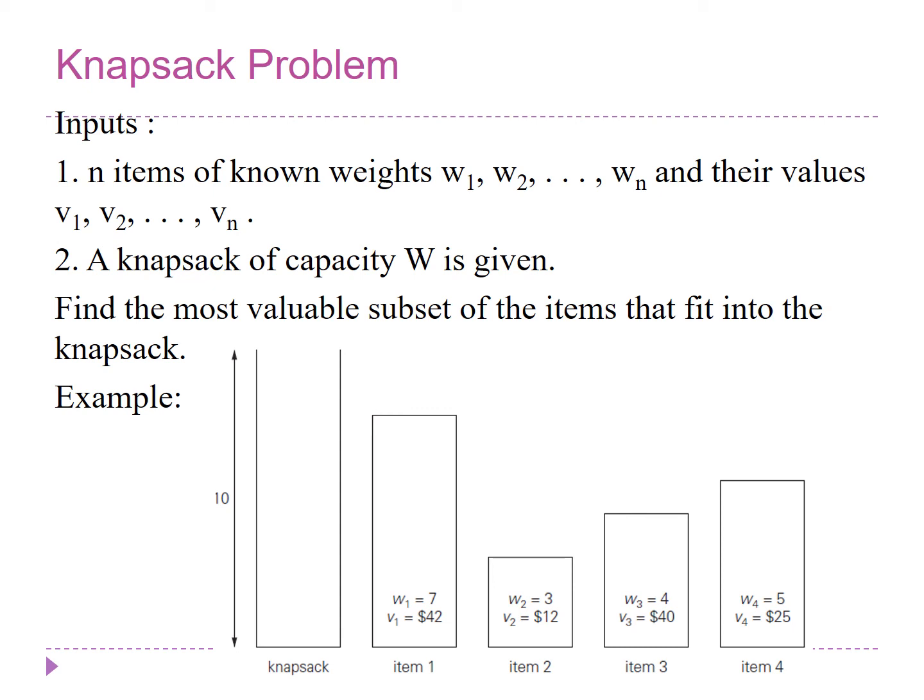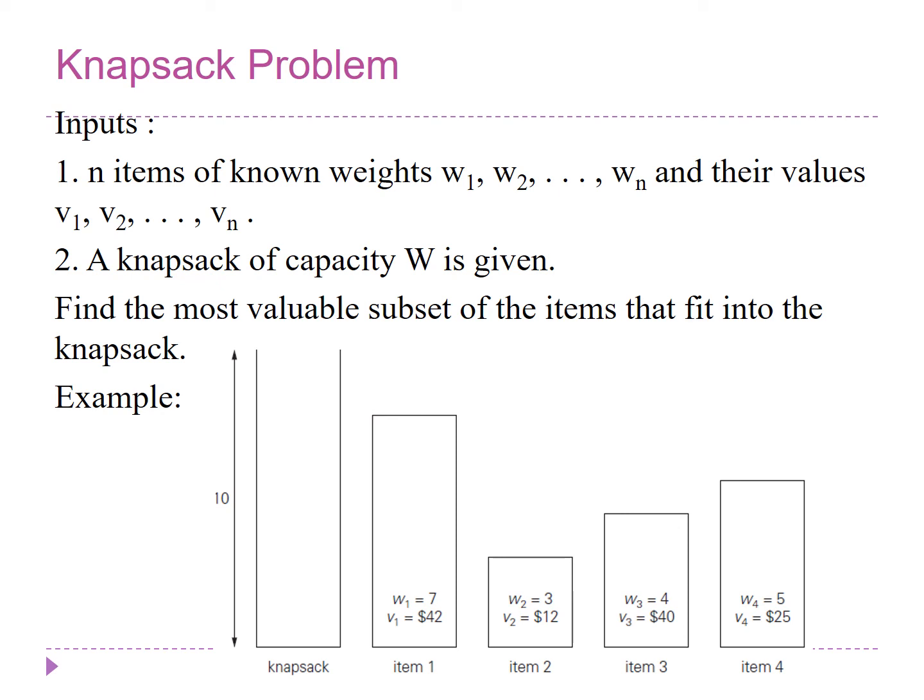The weight of item 3 is 4 and its value is $40, and the weight of item 4 is 5 and its value is $25. The knapsack problem is to find the subset of items that will fit in the knapsack and has the maximum value.